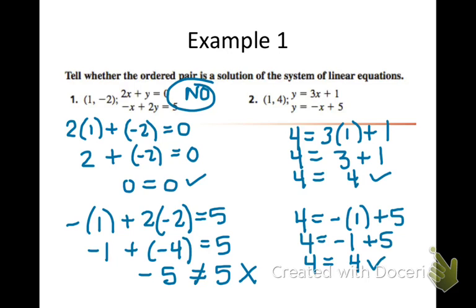And that is also true. So for number 2, yes, the ordered pair 1 comma 4 would be a solution for this system of linear equations. And if we were to graph them, that would be the point at which the two lines would intersect.